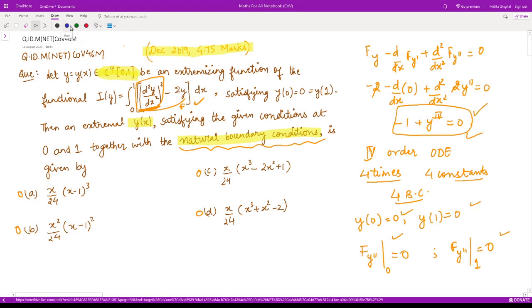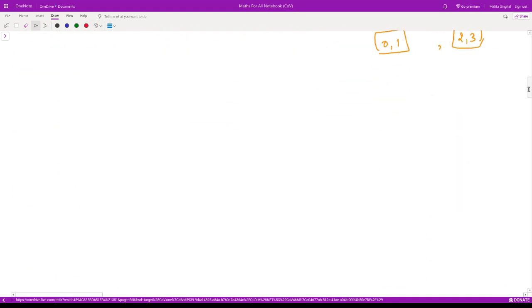So let us solve this differential equation. We have y raised to power 4 minus 1 is equal to 0. Let us integrate this 4 times to see what would be obtained. We would have the third derivative of y is equal to x plus a. The second derivative is equal to x square by 2 plus ax plus b.